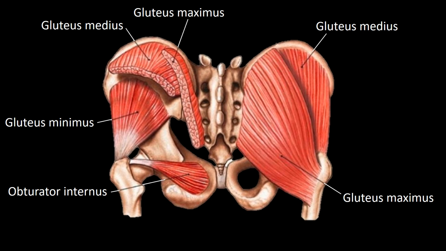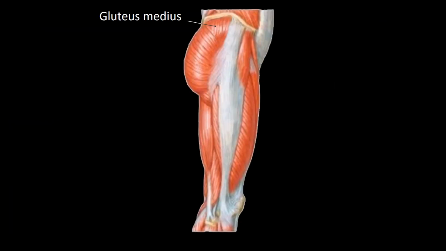These muscles are the gluteus minimus and the gluteus medius, which you can also see in this new drawing. The third muscle innervated by the superior gluteal nerve is the tensor fascia latae.